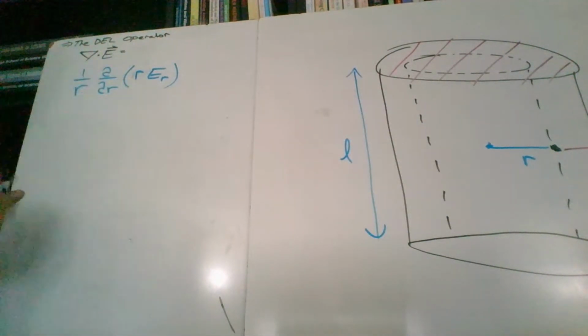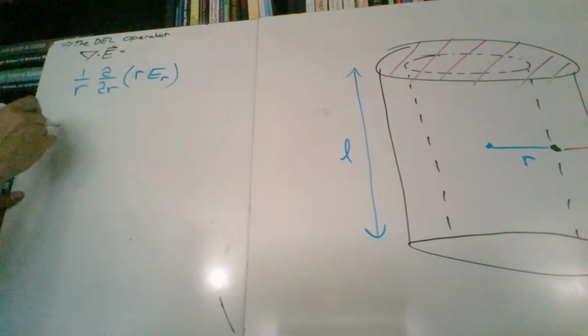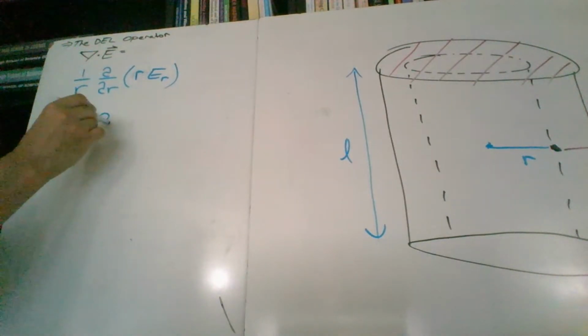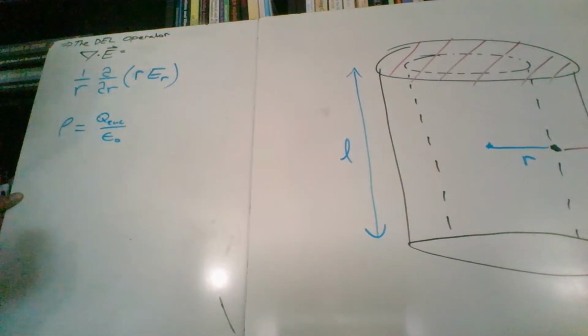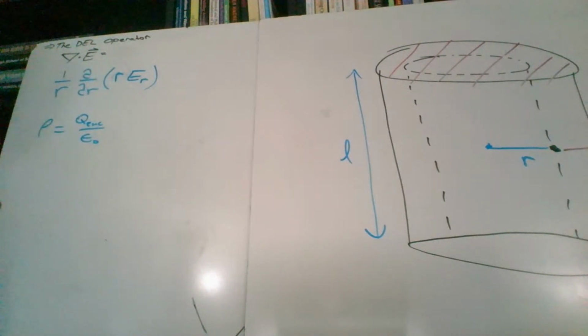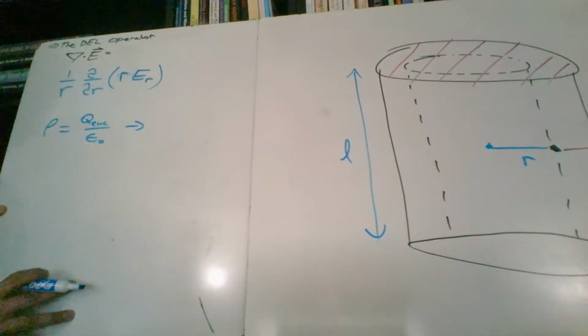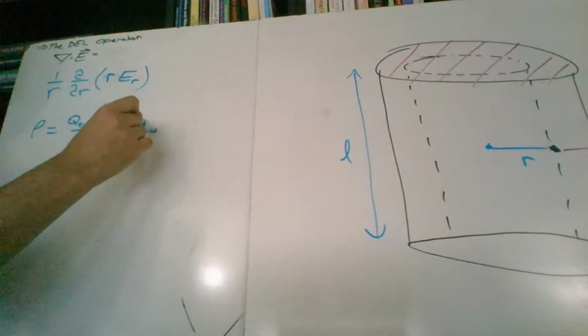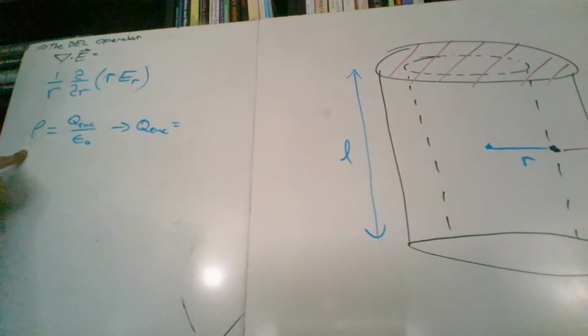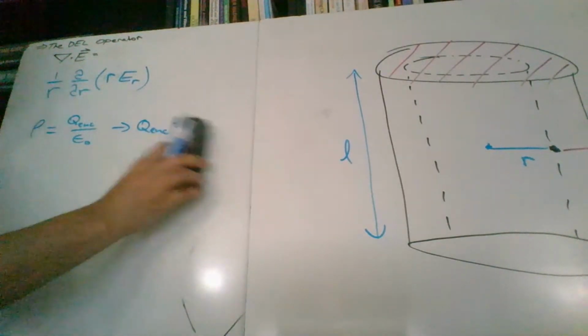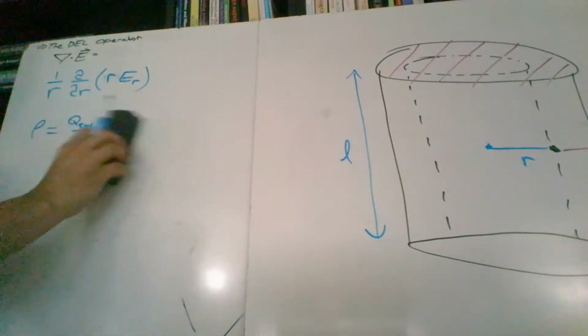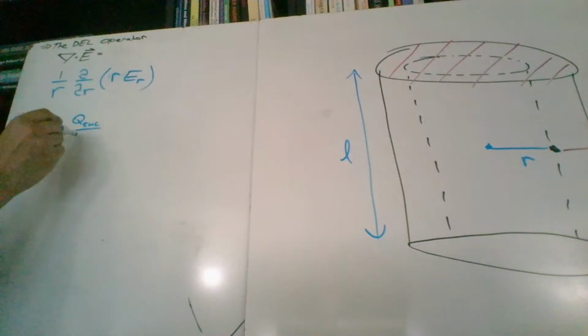Okay, so then the question is, what is E(r)? We can use our equation first. We need to know what the density is. The density is going to be Q enclosed over the volume enclosed.